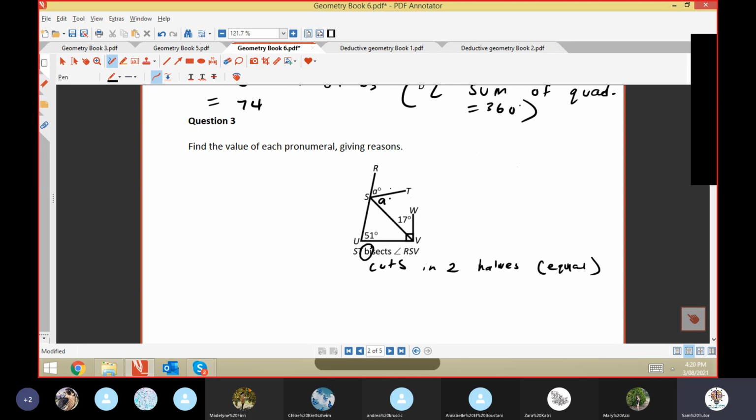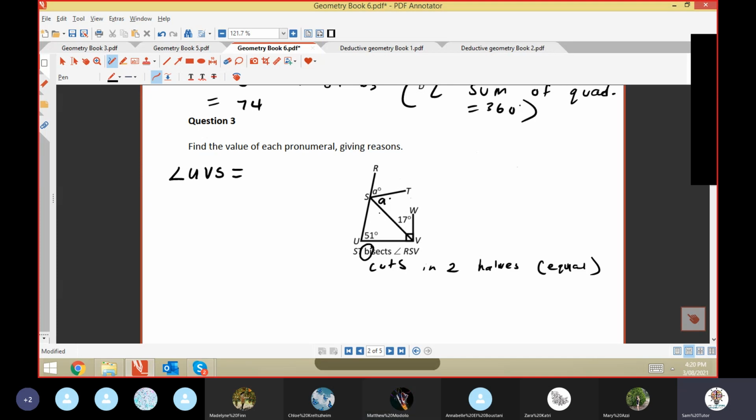Matt, does that make sense so far? Yeah. So I've used that logic now. Now I've got the other part, 90 degrees. So Matt, if that's 17 degrees, what can you tell about angle UVS? What should that equal? 180? No, it can't be.